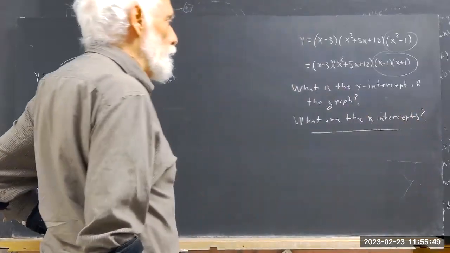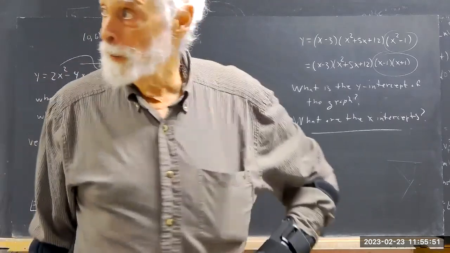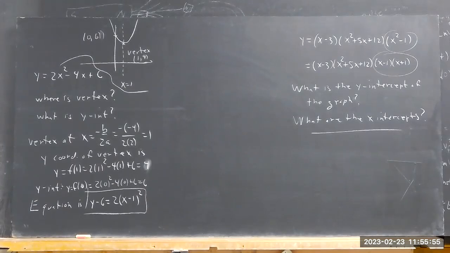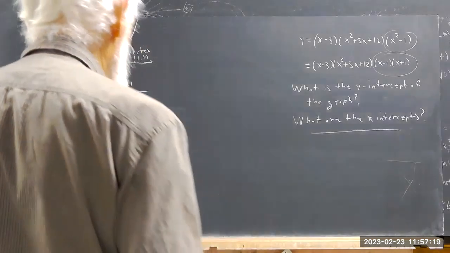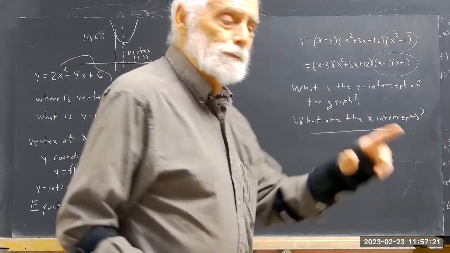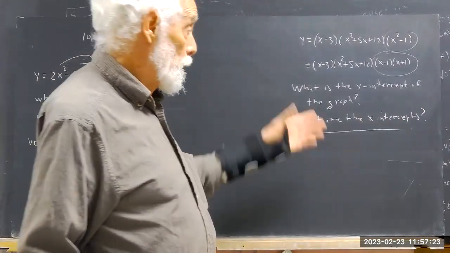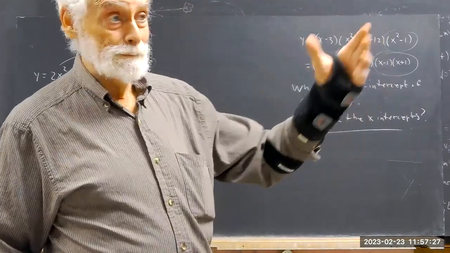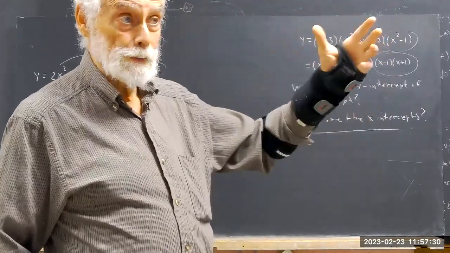What's the y-intercept of the graph and what are the x-intercepts? Raise your hand if you think you got one of the intercepts. Anybody think they know either a y-intercept or an x-intercept?